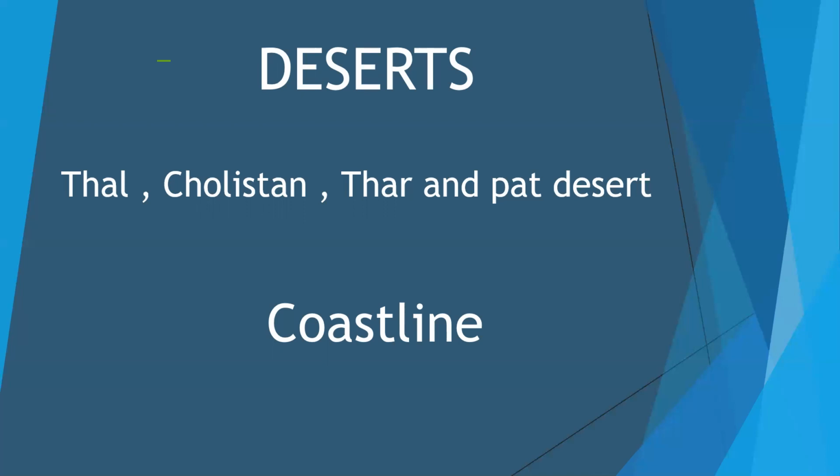Next topic, coastline. The coastline belt stretching from the Indus delta to the Persian Gulf along the Arabian Sea has been as relevant a factor in the geophysical setting of Pakistan as the high altitude mountains in the north. I told you the position of Pakistan is very important because we have different kinds of weather, and also we have seaports and coastline.